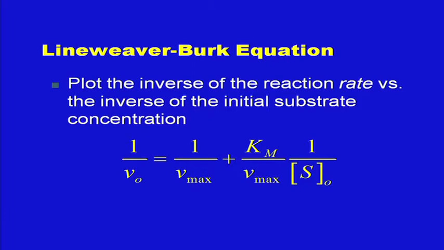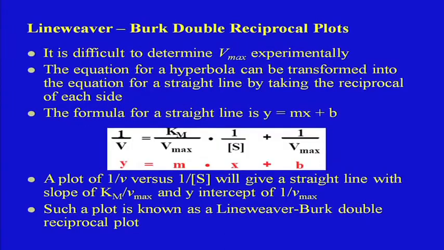Okay. So, the inverse of rate versus the inverse of the initial substrate concentration will give you Km by Vmax as the slope, and the intercept will give you 1 by Vmax. Okay.